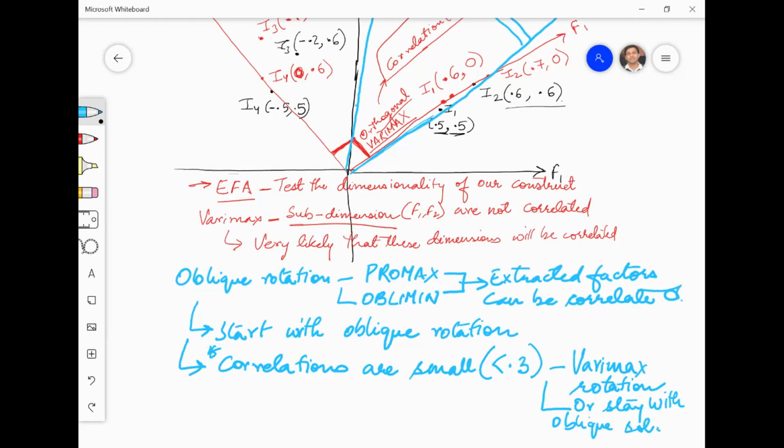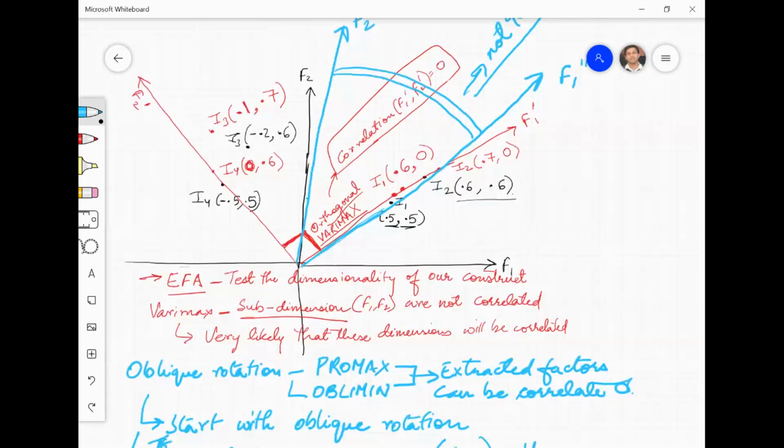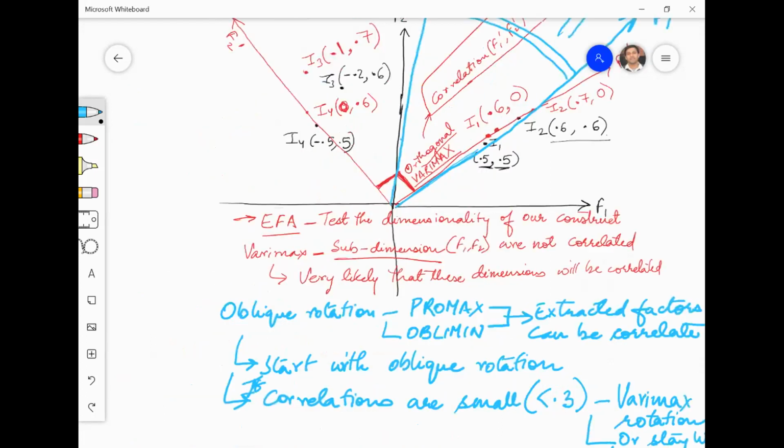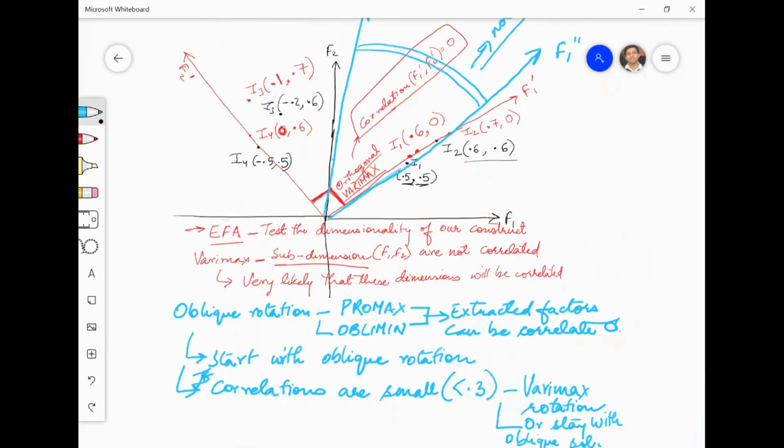Otherwise, if the correlations are large, you report the oblique rotation result. That would be a better approach for your factor extraction.